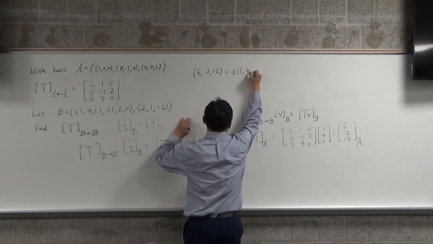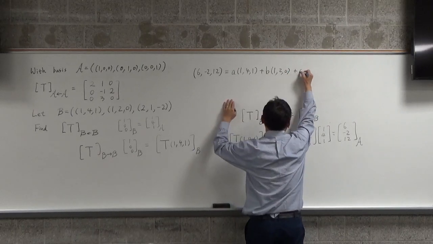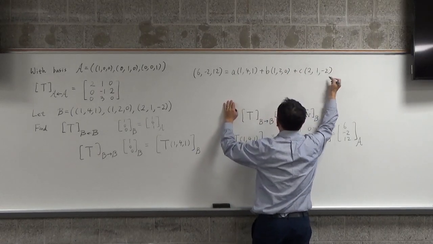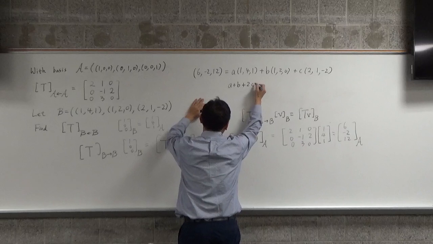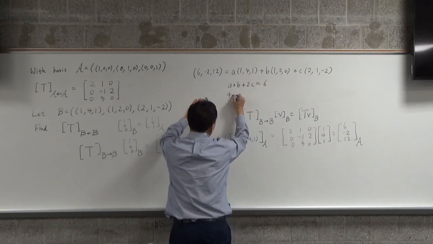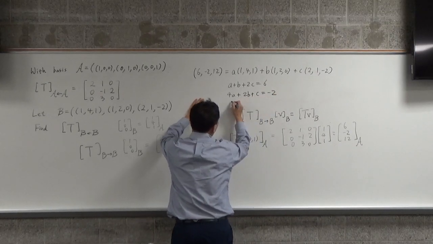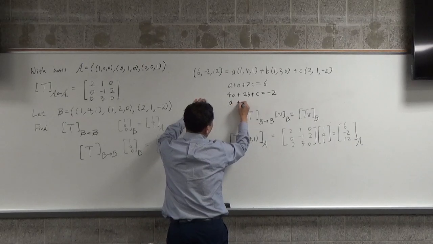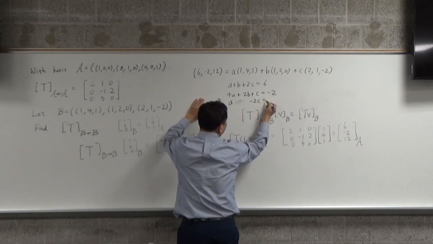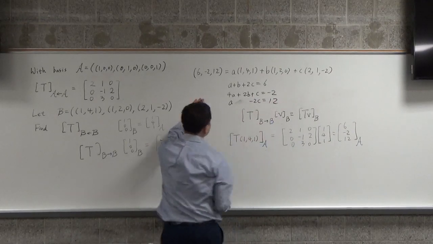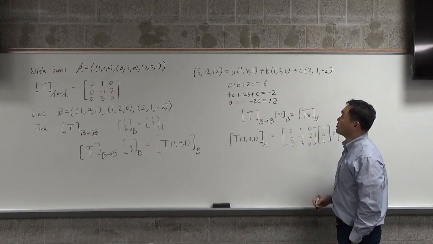A times 1, 4, 1, plus B times 1, 2, 0, plus C times 2, 1, negative 2. That gives you A plus B plus 2C equals 6, 4A plus 2B plus C equals negative 2, and A plus no B, but negative 2C, is equal to 12. Now you can just solve this.